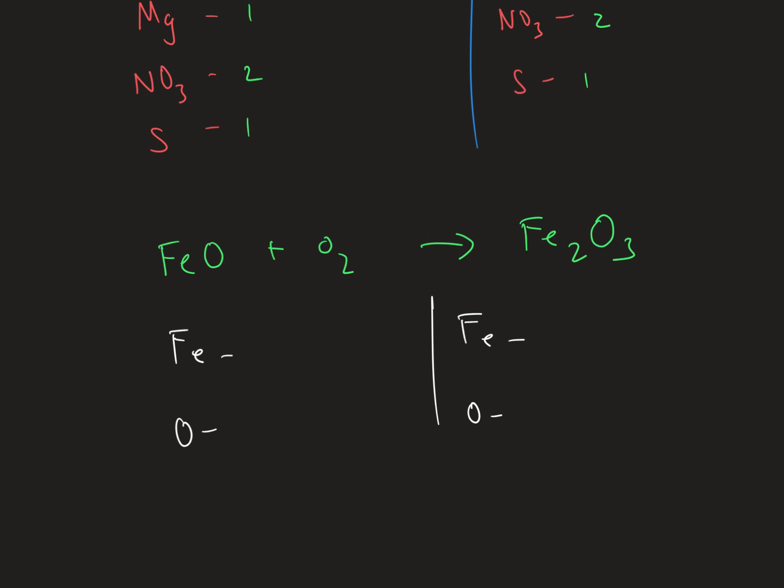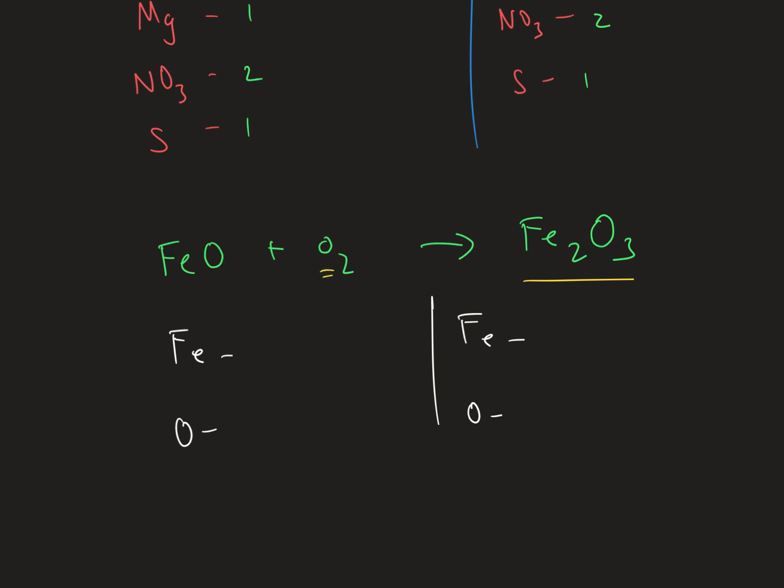Where's a good place to start? Fe2O3, those are the biggest numbers, right? Should we start with iron or oxygen? Should we start with oxygen to show you that it really doesn't matter where you start? Because it doesn't. Iron would be the best. Why?